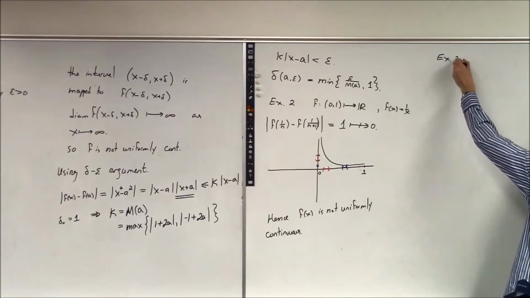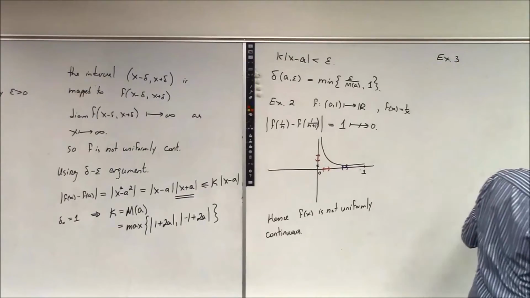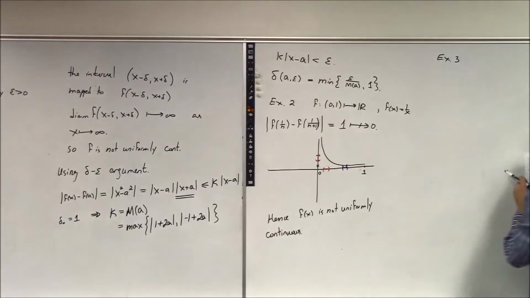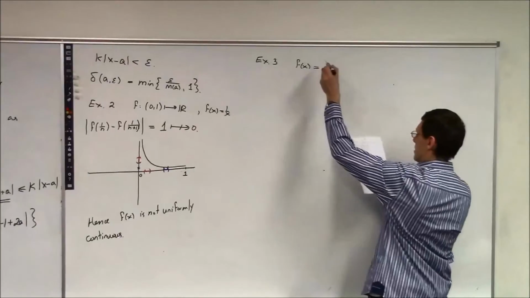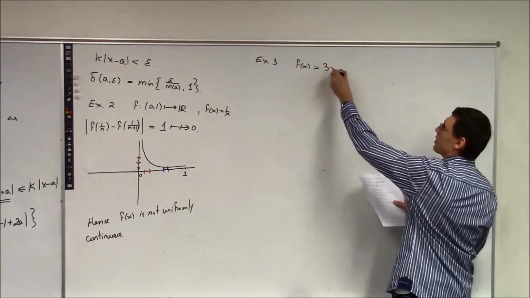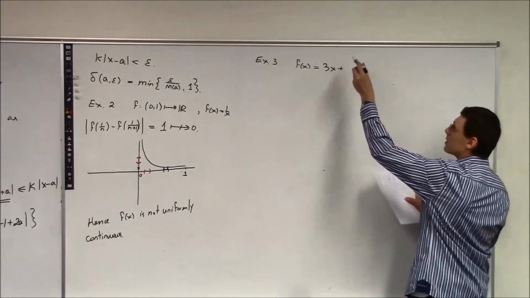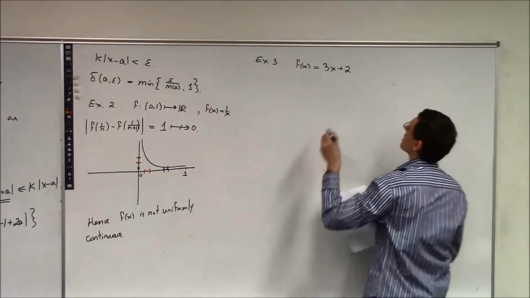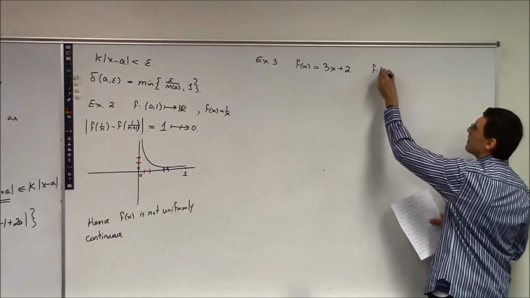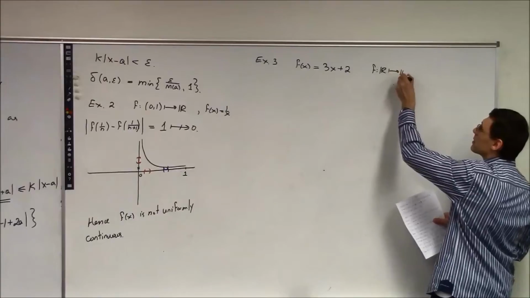Example 3. Well, the easiest example of uniformly continuous functions, in fact stronger than uniformly continuous, is, let's say, just a linear map, or, well, you call it an affine map, 3x plus 2, for example. So this function, let's take it to be from the reals to the reals.